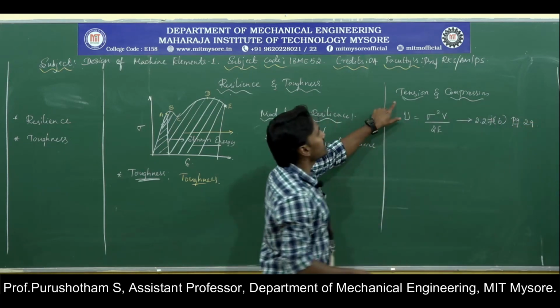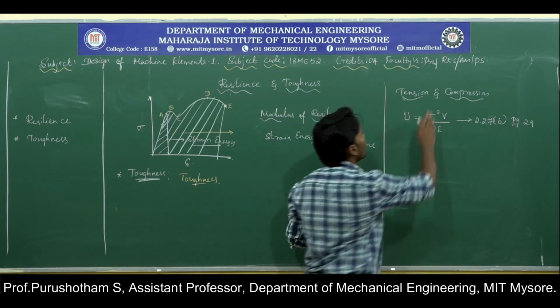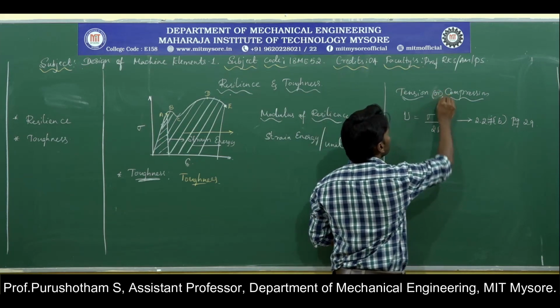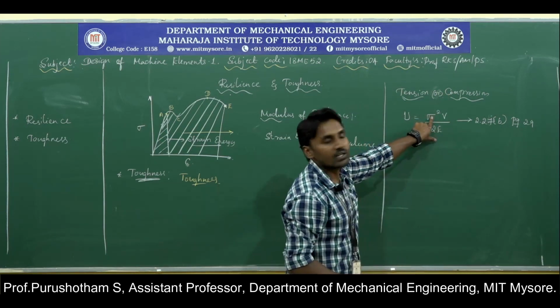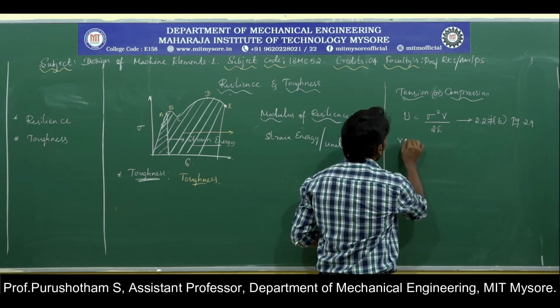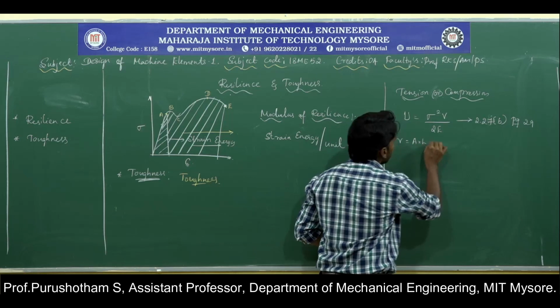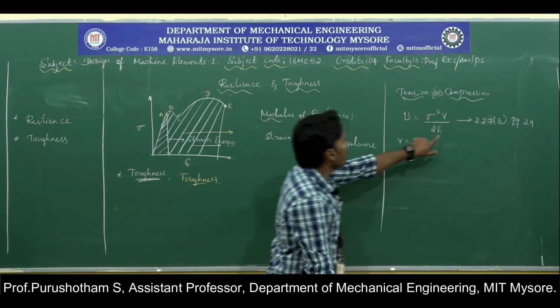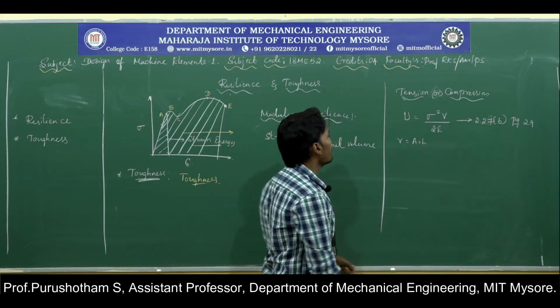This will be the resilience in tension or compression, where sigma is the stress induced due to the impact load, V is the volume, which is area into length of the specimen, and E is the Young's modulus of the material.